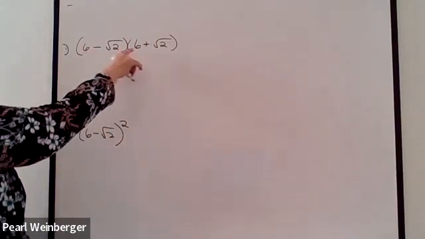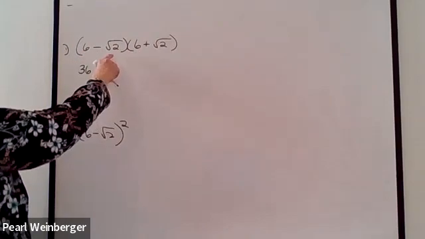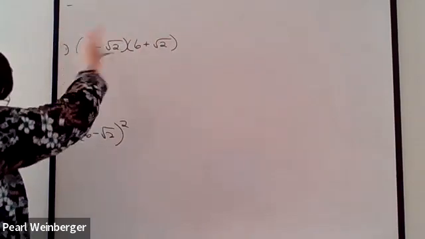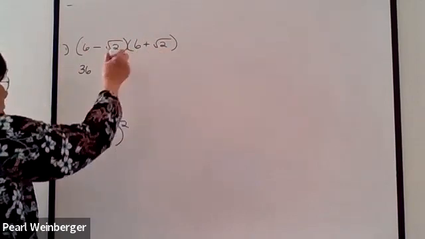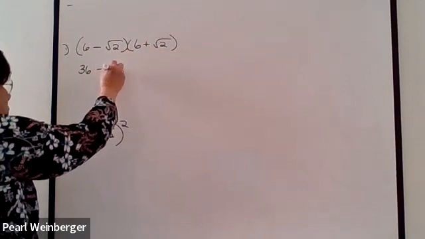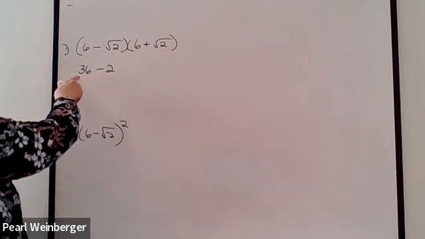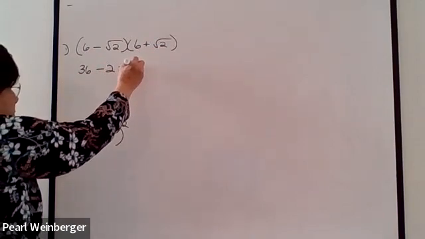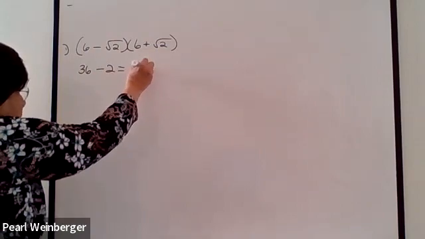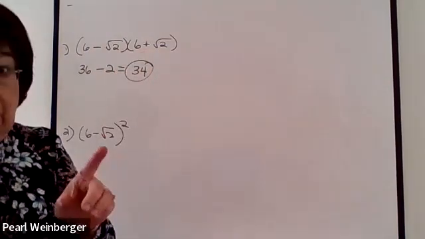So we'll do 6 times 6, and that'll give me 36. And then, forget outer and inner, we don't have to do it. Square root of 2 times square root of 2 is just going to give me 2. And a negative times a plus is going to give me negative. So it turns out I get 36 minus 2, which is 34, and I think that's what everybody answered. 34 is the correct answer.